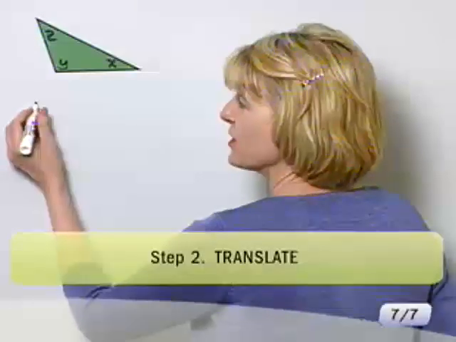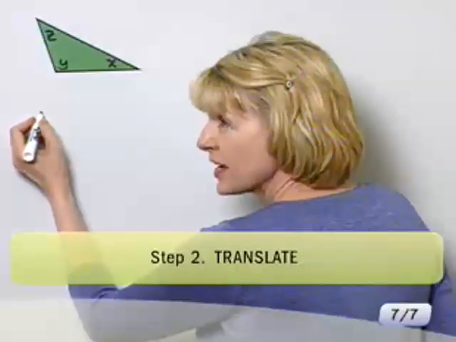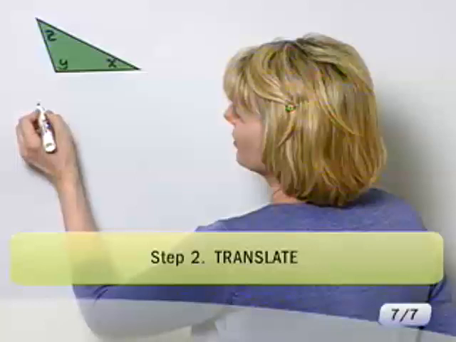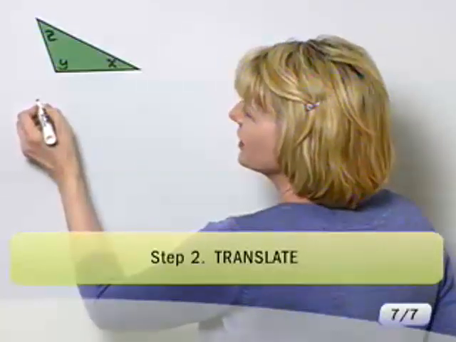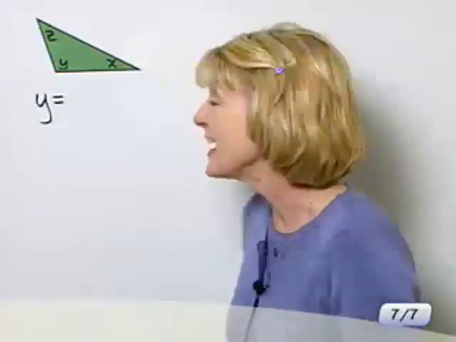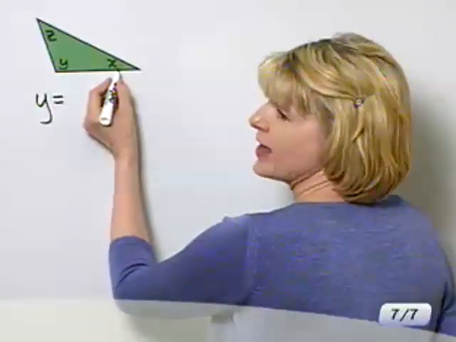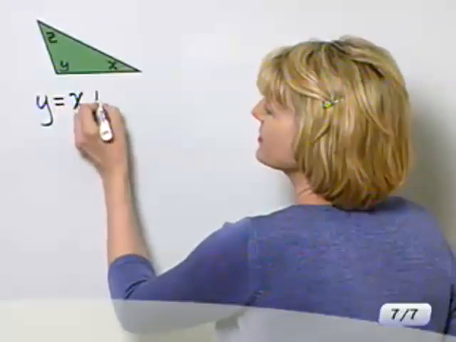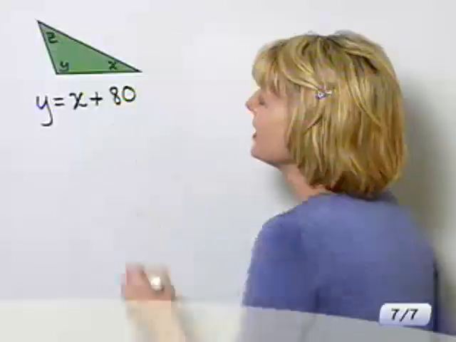So let's see how we can set up a system of equations. Remember your application. We are told that the measure of the greatest angle, or the largest angle, in our case Y, is 80 degrees more than the measure of the smallest angle. So it is 80 degrees more than X. Y is X plus 80.